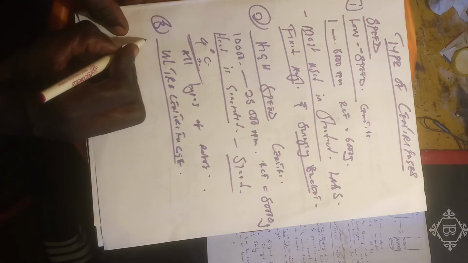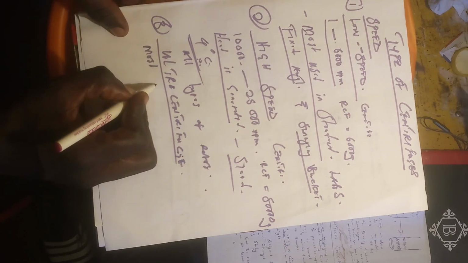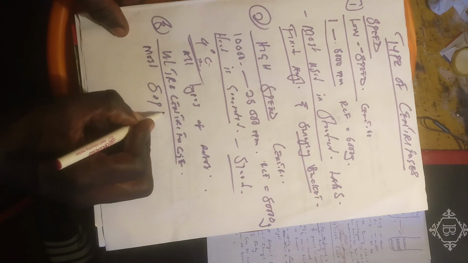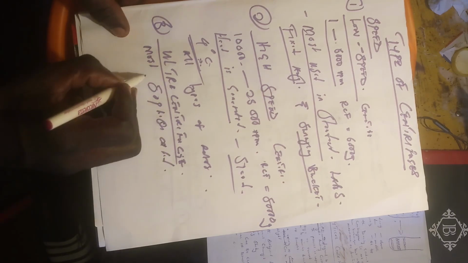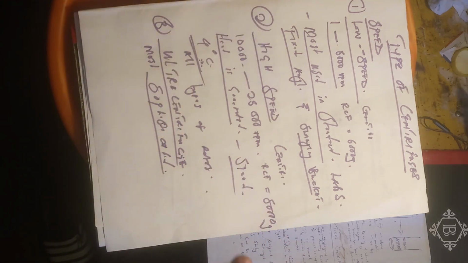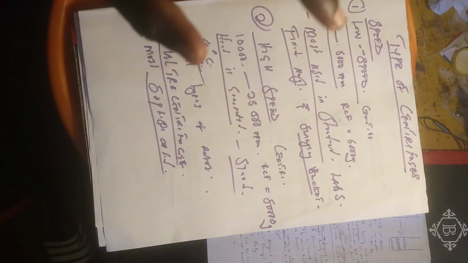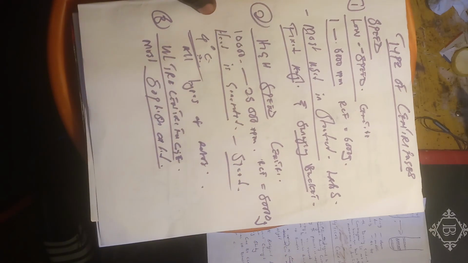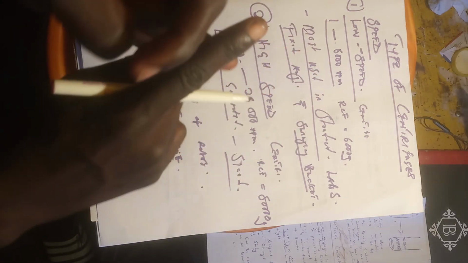And this type of centrifuge is the most sophisticated, or we can say it is the most advanced, most complex, most developed. One, it uses very high speed compared to the other two.